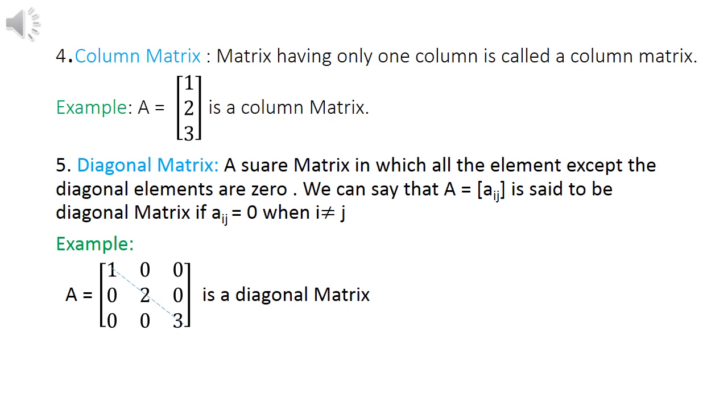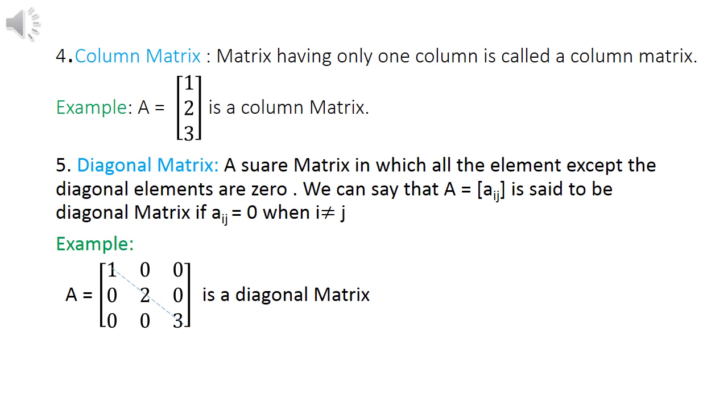Fifth one is diagonal matrix. A square matrix in which all the elements except the diagonal elements are 0. We know that in a square matrix the number of rows and number of columns are equal. Then a square matrix is said to be a diagonal matrix if all the elements except the diagonal elements are 0. We can say that Aij is a diagonal matrix if Aij is equal to 0 where i not equal to j.